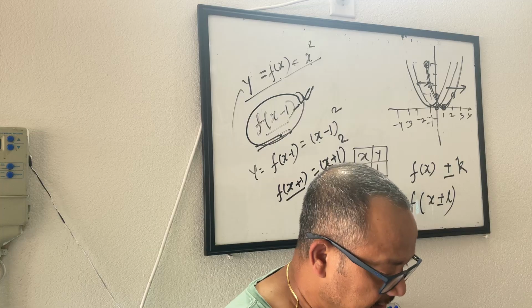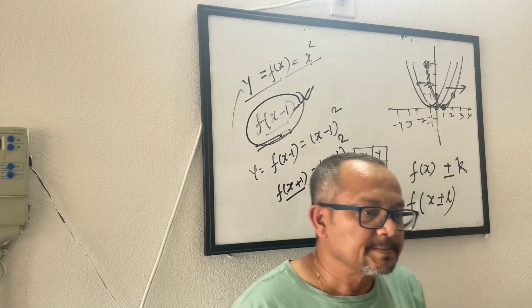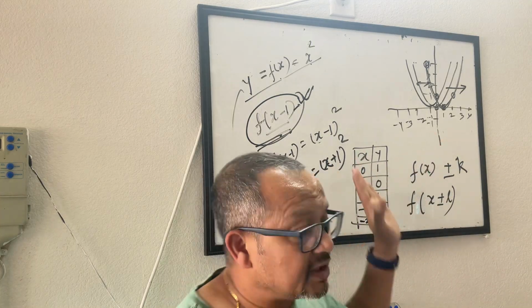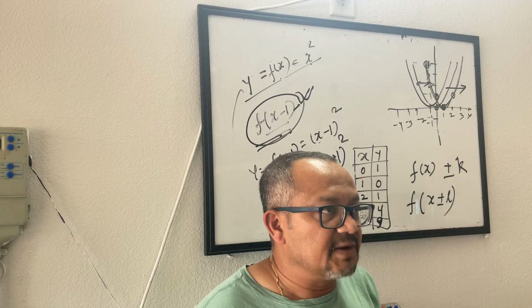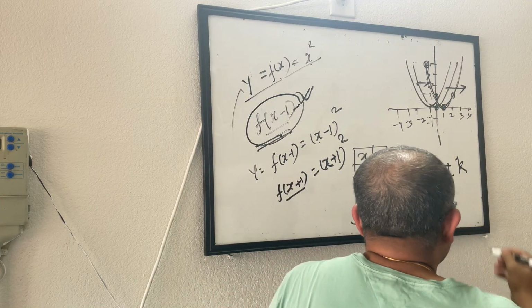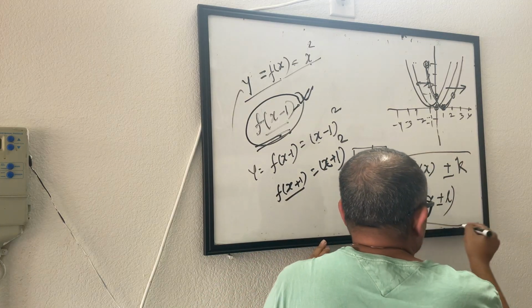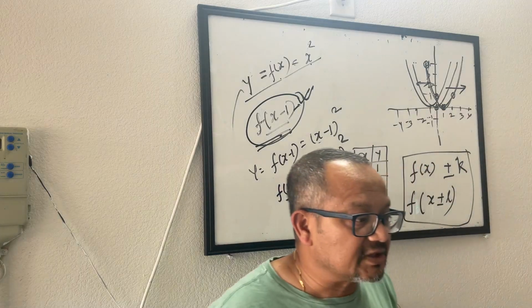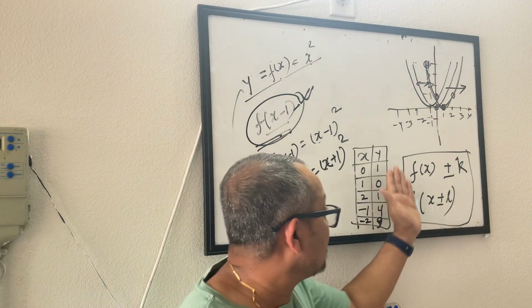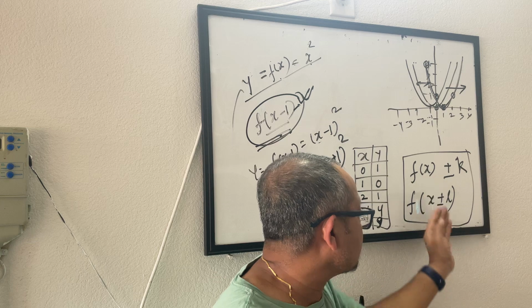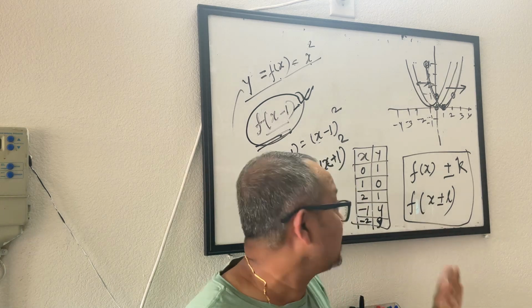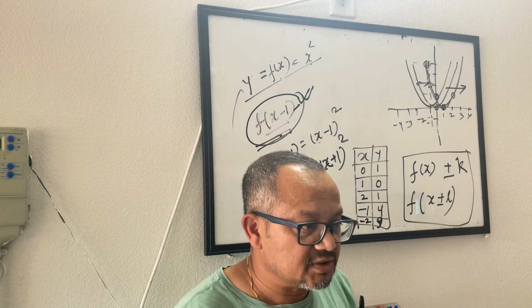So the takeaway here is that we are not doing anything complicated. The simple thing is, we are just trying to wrap our head around this, right? When I ask what happens to the transformation of the graph when I do a plus or minus outside the function versus inside the function, which way the graph moves.